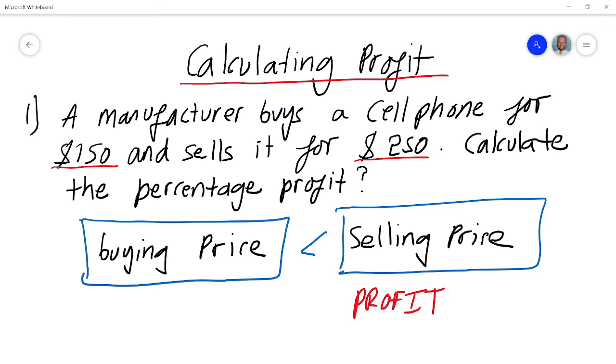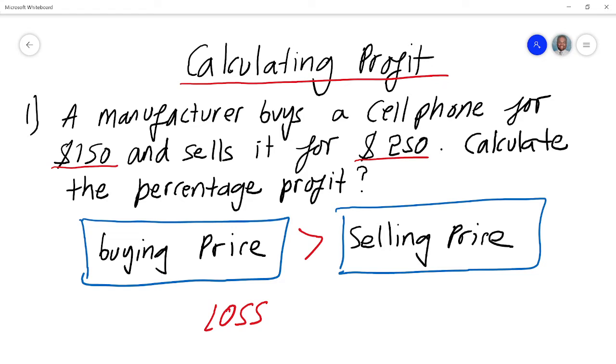They buy at wholesale and then sell at a markup so they make some profit. However, a loss is the other way around. When your buying price becomes greater than your selling price, you incur a loss. So that's the basic concept: when your selling price is greater than your buying price, you make a profit, but if your selling price is less than your buying price, you make a loss.